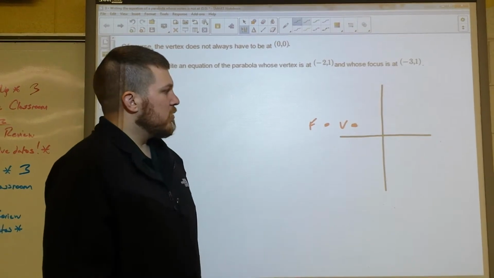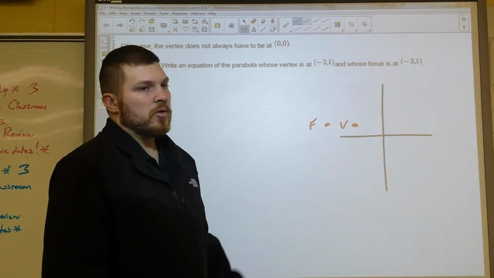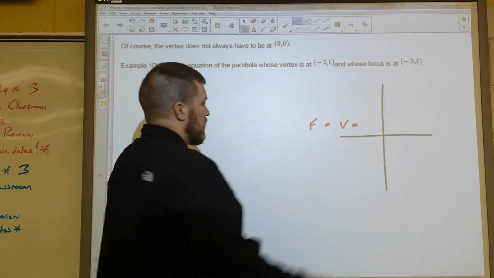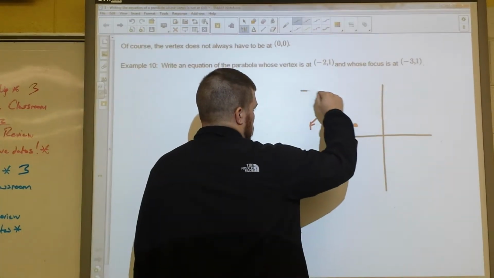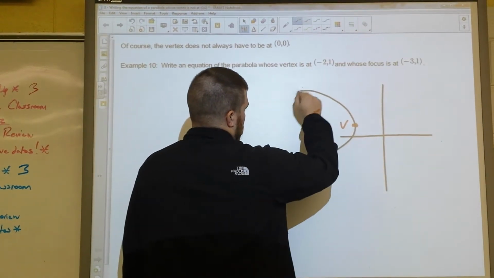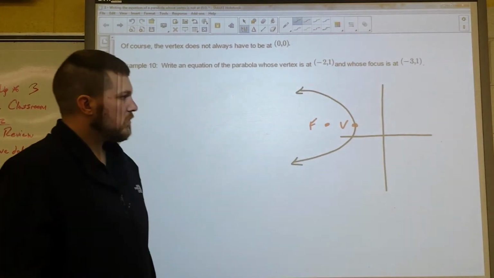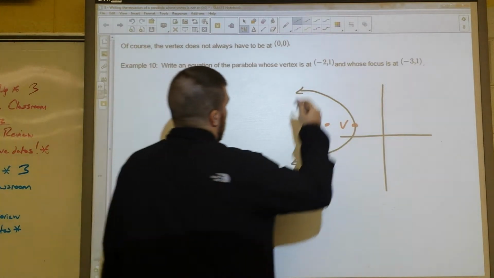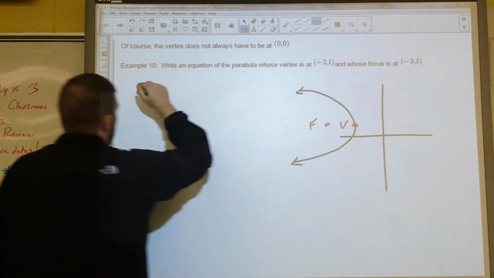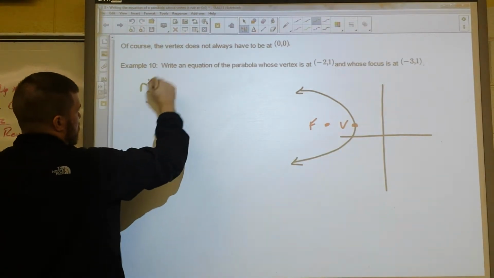But what we need to remember from the first video is that the parabola always follows the focus, and it always goes through the vertex. So my parabola is going to look something like this. So automatically from that information alone, we know we have a right-left parabola. We actually have a left parabola.